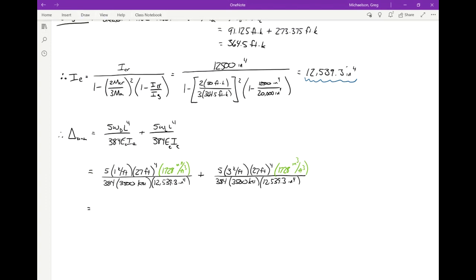All right, now I'm going to need some help in chat. I want to do each of these fractions separately. Let's take the first fraction, that's the part for the dead load component, and the second fraction is for the live load. That first fraction, somebody in chat tell me what the answer is.